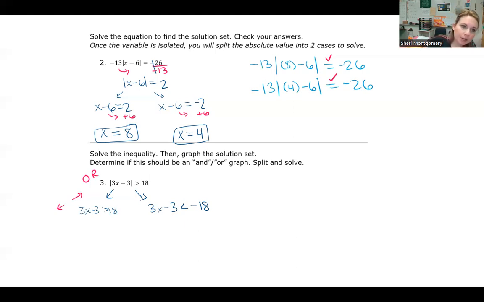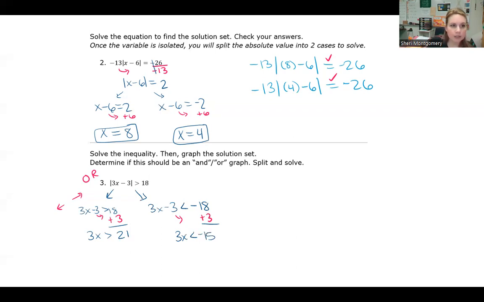For both of these, we're going to go through and solve. So for both of them, we need to add 3. Add 3. 18 plus 3 is 21, and then negative 18 plus 3 is negative 15.